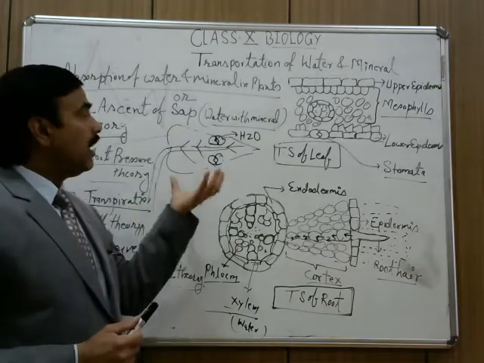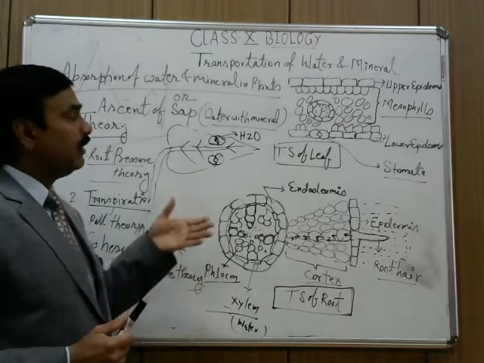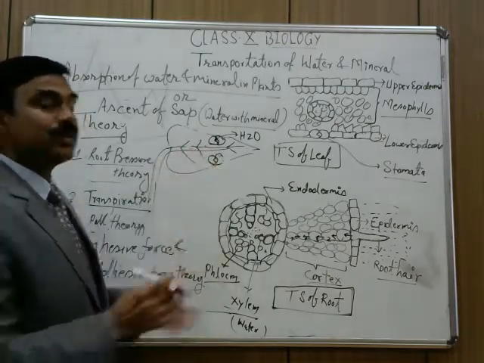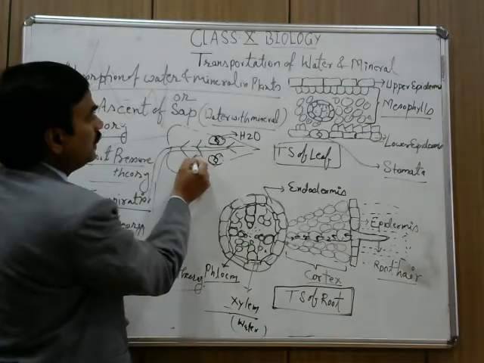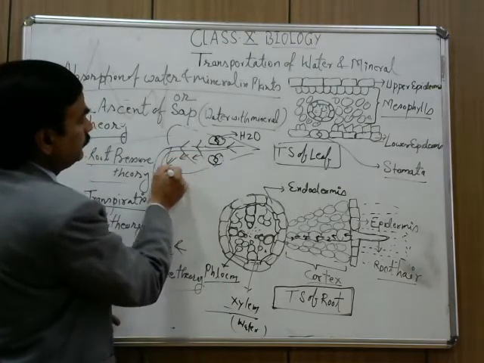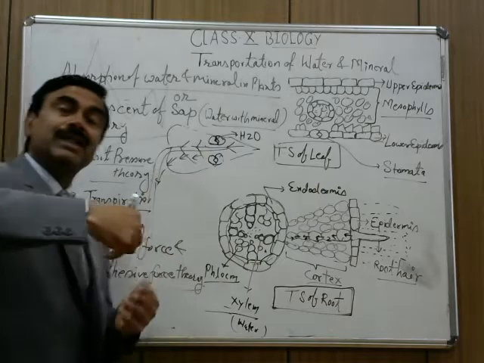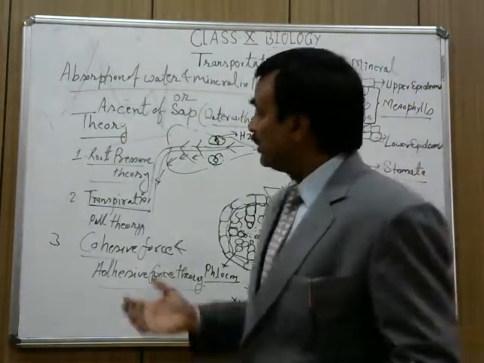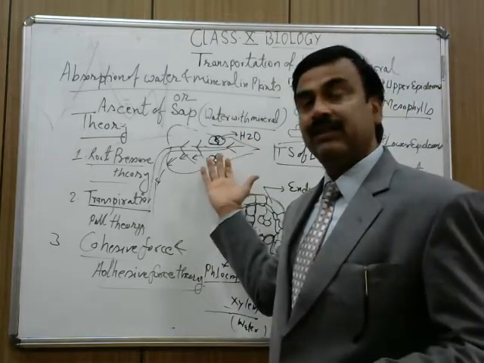There will be a demand for water from the lower cells. So these leaves will demand water from the lower side. So by the process of transpiration, this water is going to be uplifted.